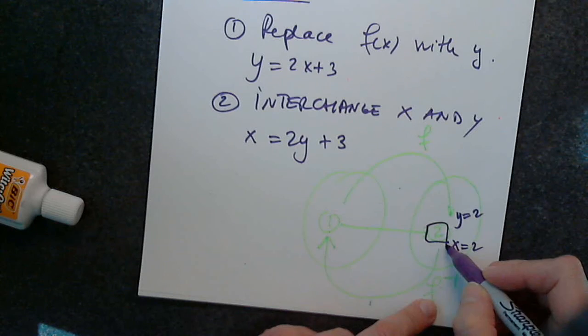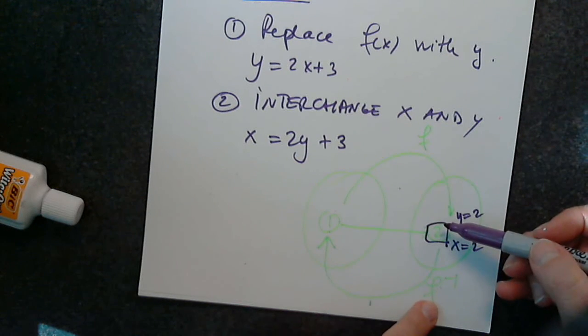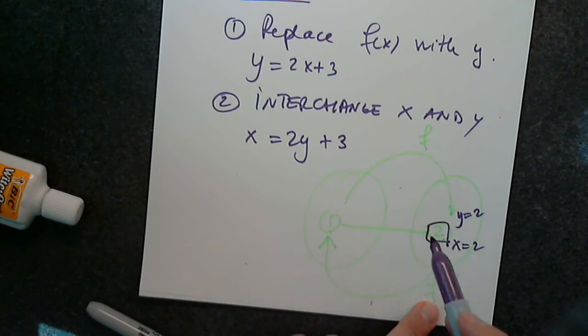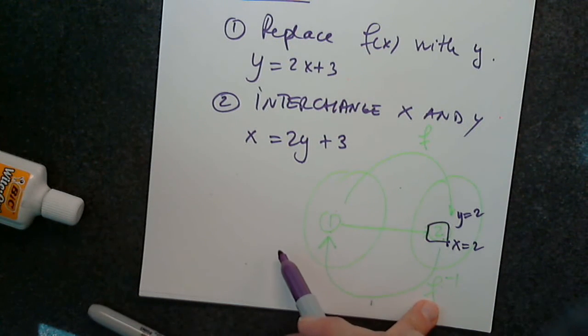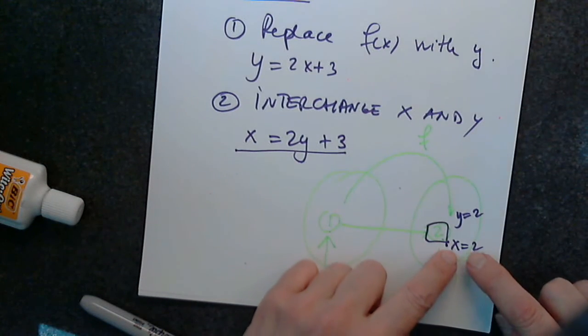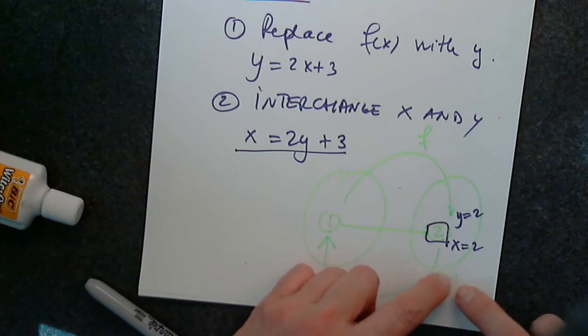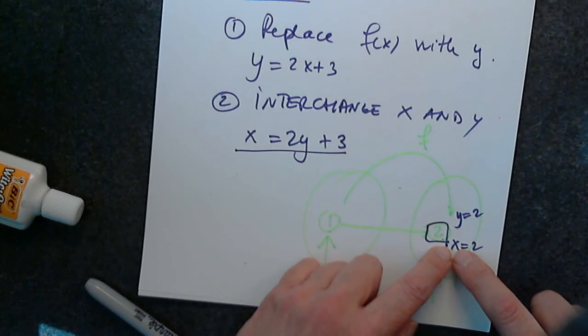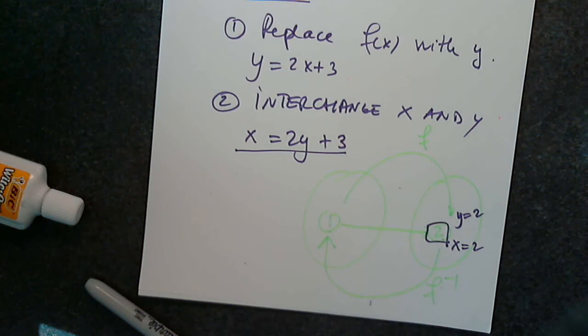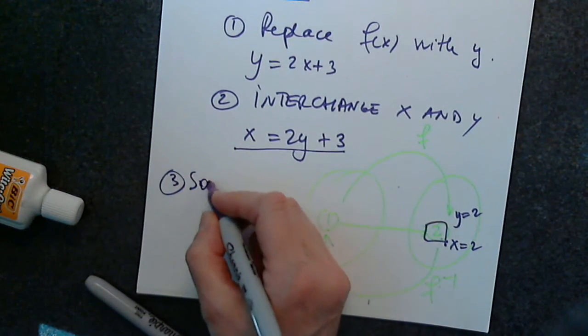So this number is the y value of f, but it's the x value for f inverse. 1 corresponds to 2, and now 2 corresponds to 1. So that's the reason why I'm allowed to interchange just this time, one time, replace x by y and y by x. Why? One more time. Because now f inverse is applied to 2, so therefore 2 becomes the x value. That was initially the y value for f. In step 3, we solve for y.